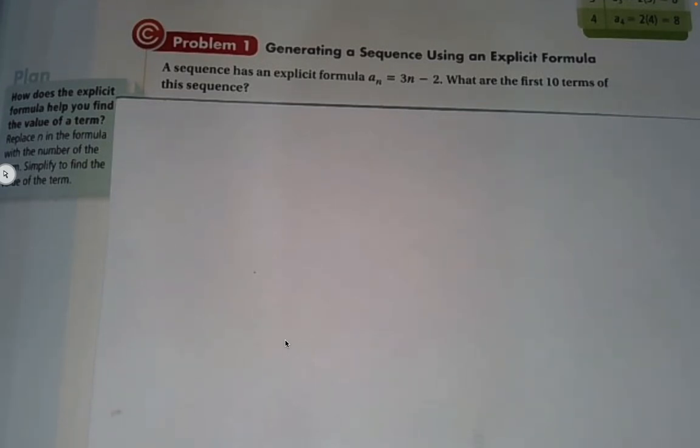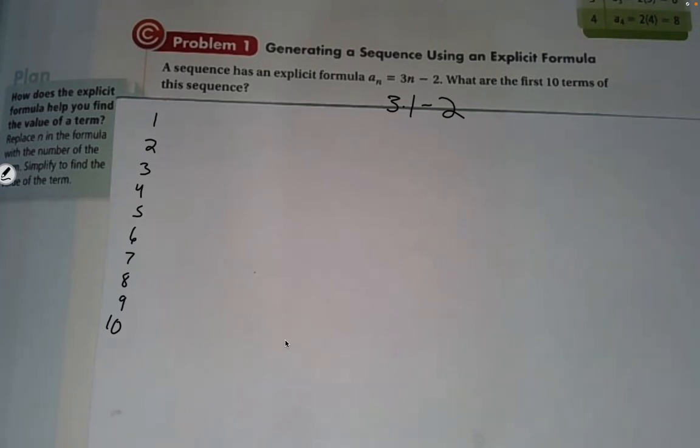So if I made my list of numbers, I'll write them as a table so I can show you. We have to find 10 numbers. For the first one I would plug in 3 times 1 minus 2. That they call a sub n. I'm trying to find my first term.